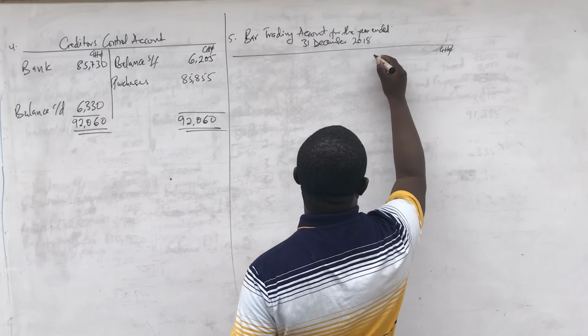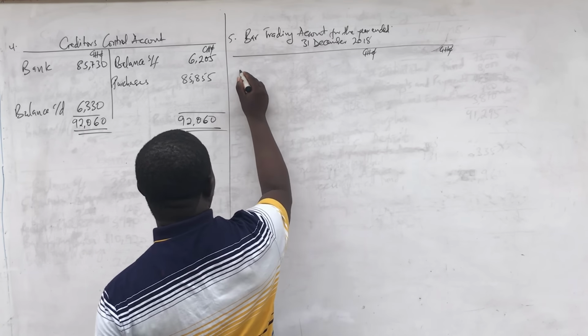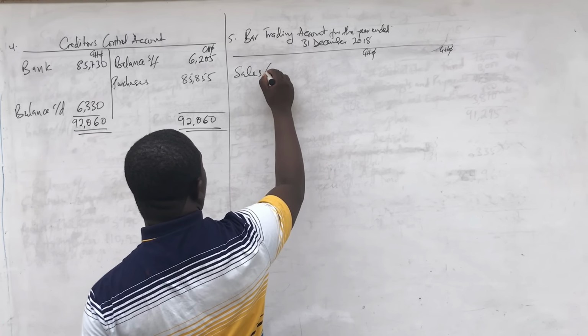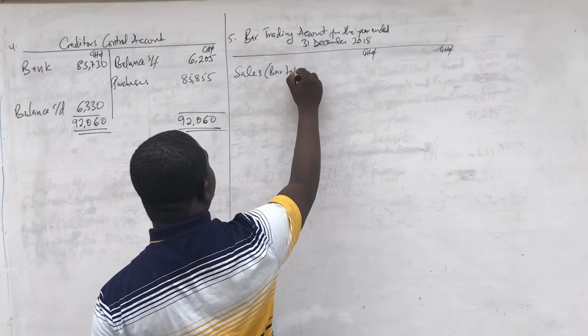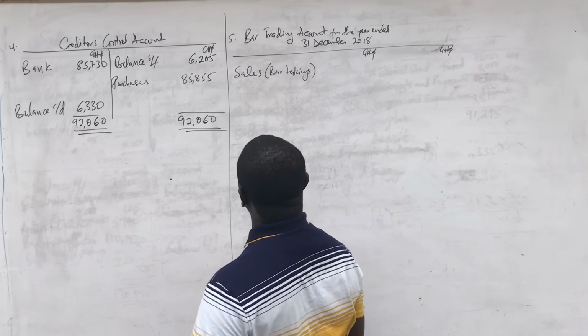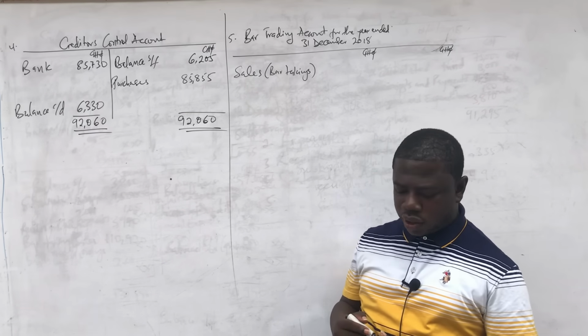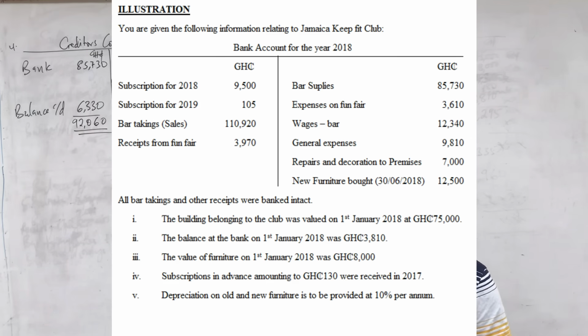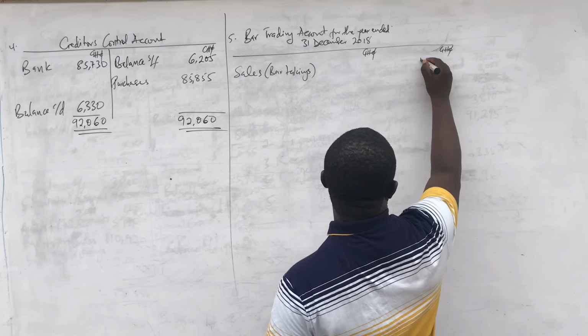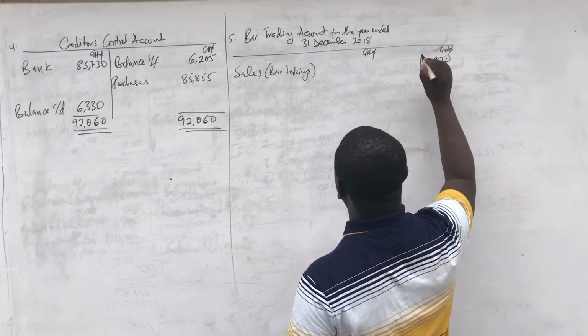So we'll begin with our sales from bar, what they called bar takings in the question. So that is your bar sales. So that is the sales for the bar. And the value for the bar sales is 110,920. We know this format already.